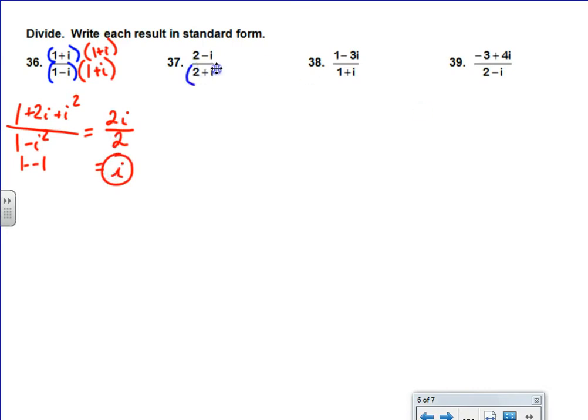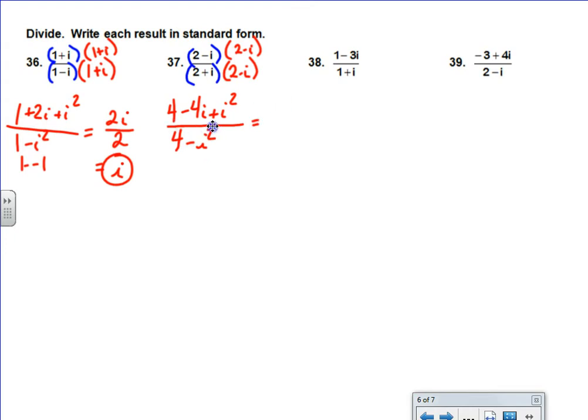The conjugate for number 37 is going to be the evil twin of the denominator, so 2 minus i. So up in my numerator we've got 4, and then -2i minus another 2i is -4i plus i squared. My denominator is going to be a conjugate set, so we're going to have 4, outer inner will cancel, and then minus i squared.